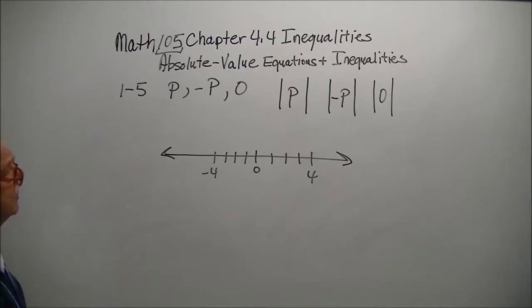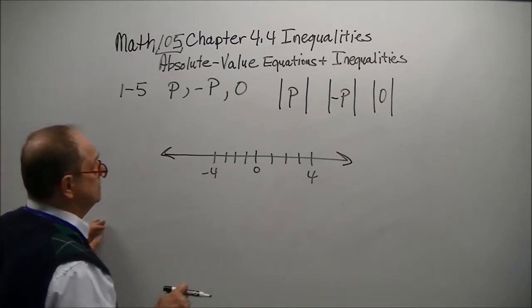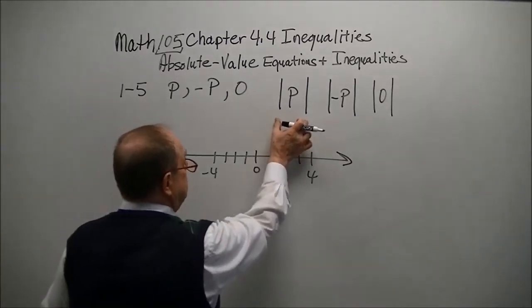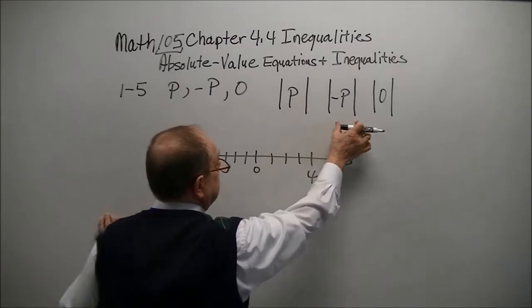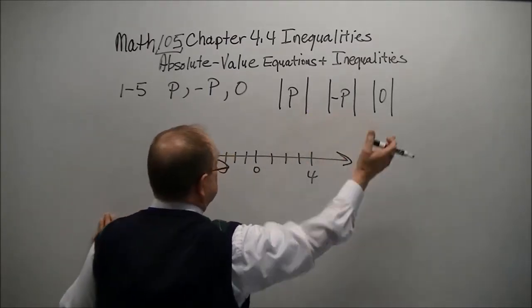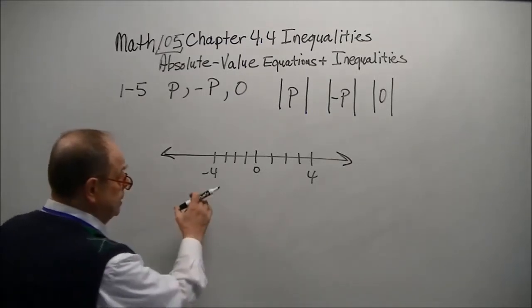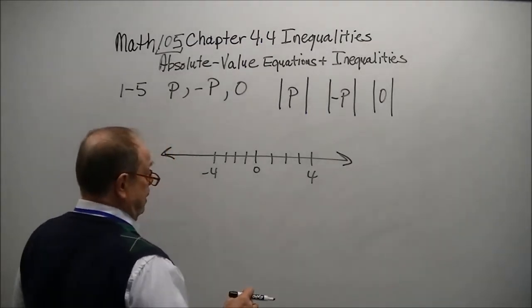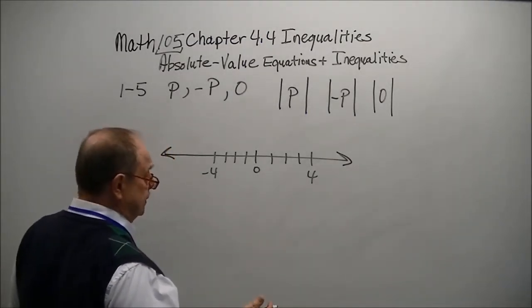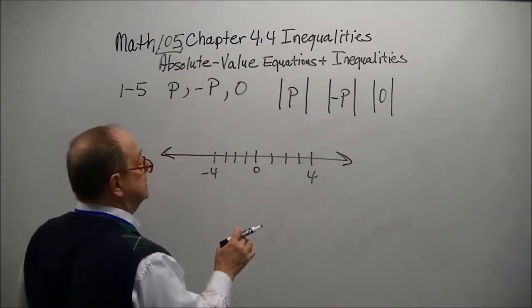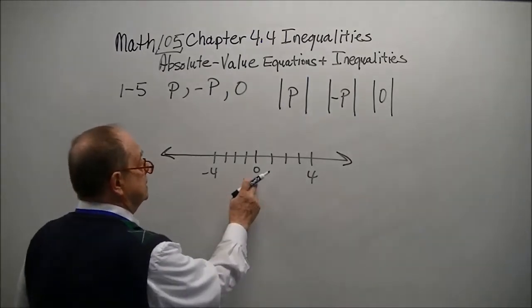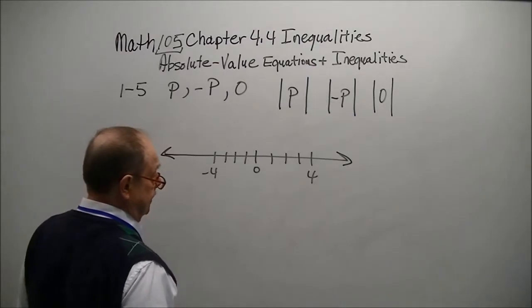We hadn't done this since chapter 1, of what absolute values are. And absolute value, the symbol for it is two vertical lines around some term or expression. On a number line, what absolute value refers to is the distance that something is from zero.